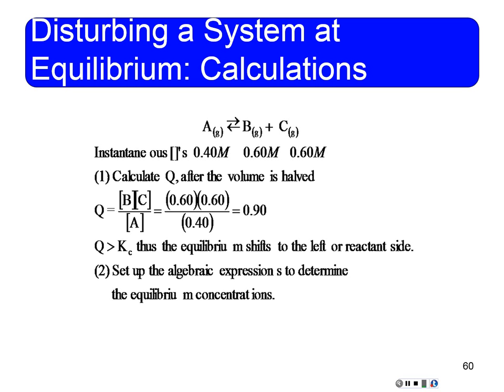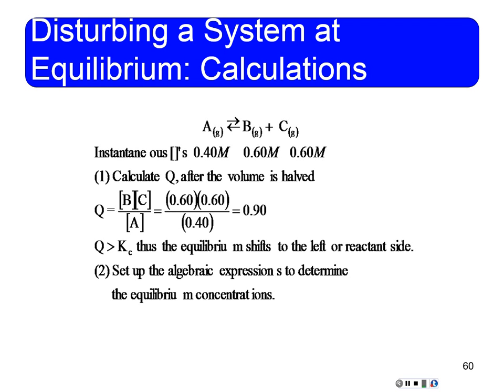Q is greater than Kc, so which way is the equilibrium going to drive? To the left, right? So it's going to go to the left, favoring reactant, so we're going to gain reactant.